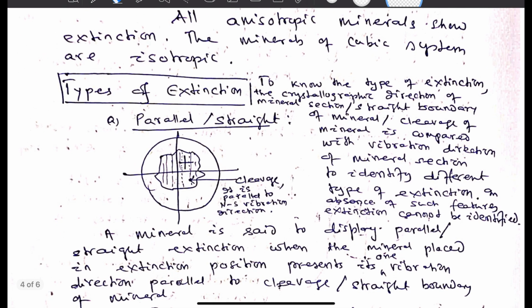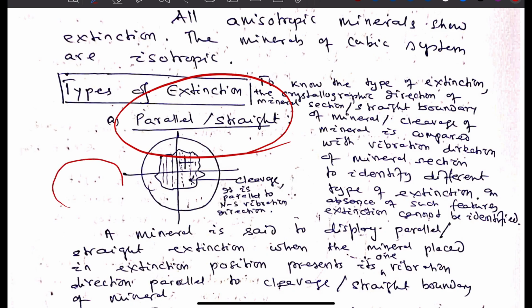And the different types of extinction are, one of them is parallel or straight extinction. So this is the situation. This is the mineral section, these are the polar directions, this is the mineral vibration direction, and if the vibration direction is like this, this is the position of darkness because it is matching with the polar directions.